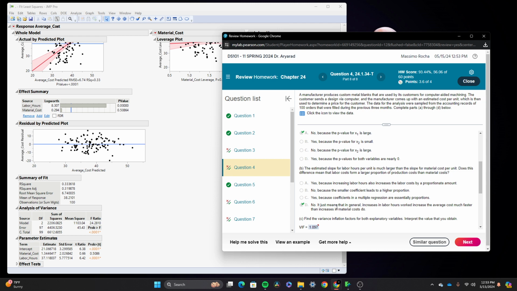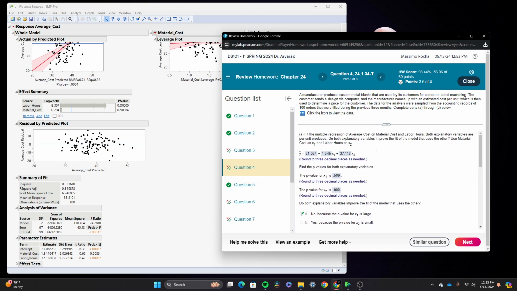For that one, it's no. It just means that in general, increases in labor hours would increase the average cost much faster than increases in material costs do. And that's pretty much because of the numbers right here.